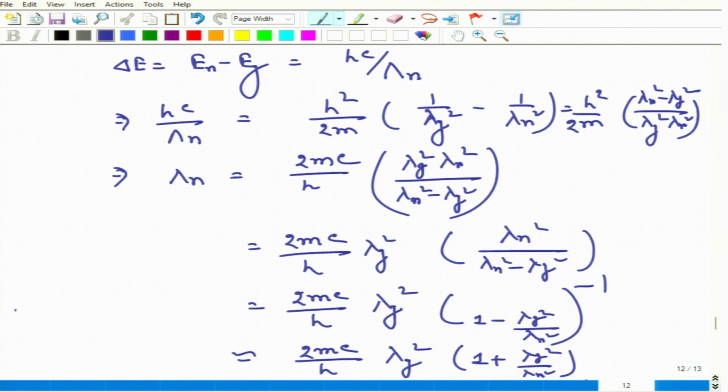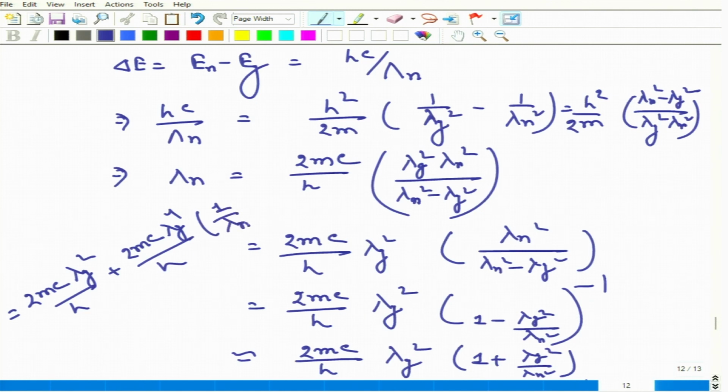Now we can write it equals 2mc lambda g square divided by h plus 2mc lambda g to the power 4 divided by h into 1 by lambda n square.